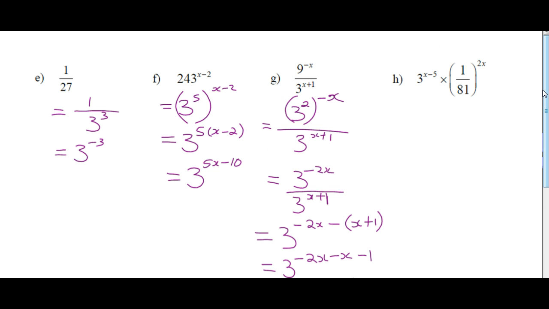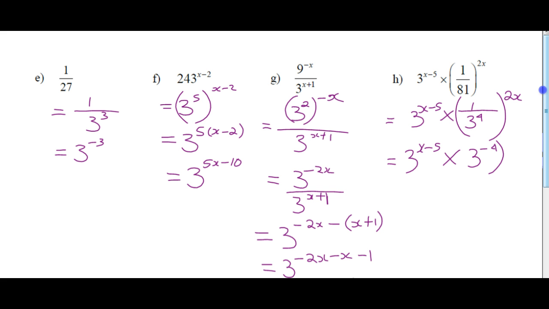Oof, all the way back to the top. 3 to the x minus 5, 1 over 81. What's 81 as a power of 3? 3 to the 4th, yeah, okay. So it's 3 to the x minus 5 times 1 over 3 to the 4th to the 2x, which is 3 to the x minus 5 times 3 to the negative 4.